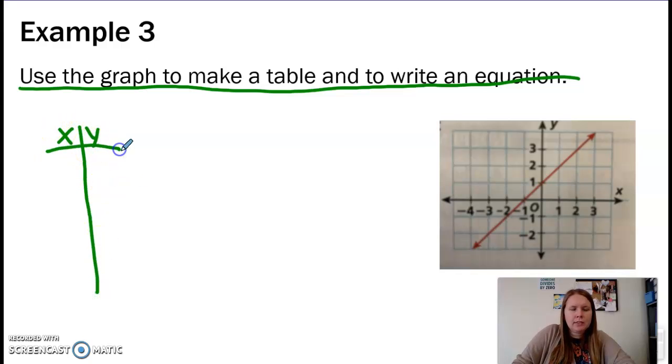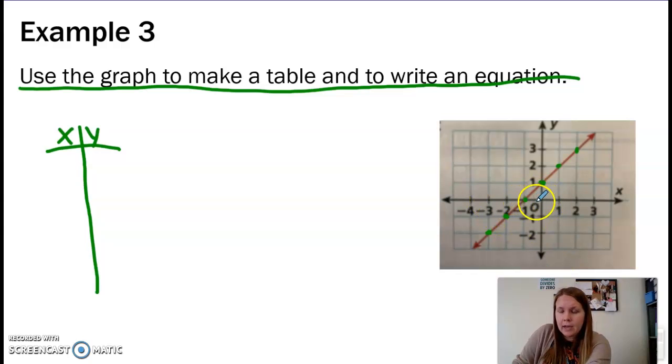And basically what I'm doing is I'm going to look for points that are on the line, because right now it doesn't actually have dots. But look where they cross the exact corners of these boxes. So I can notice right here it goes through right here. It goes right there. It goes right there. It goes here, right in the corners of those boxes. So I could pick all of those values.